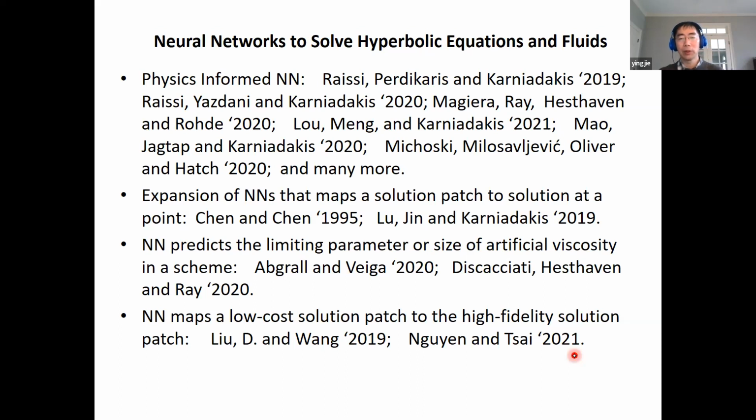The idea of this approach is that you try to reduce the complexity and recycle, let's say, the numerical solution from a low-cost numerical scheme, and use that to predict the high-fidelity solution. So our work, today's talk, is closely related to this approach.